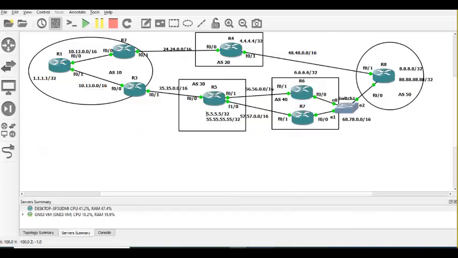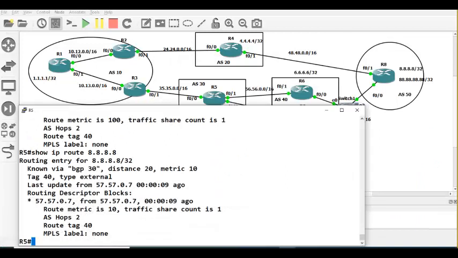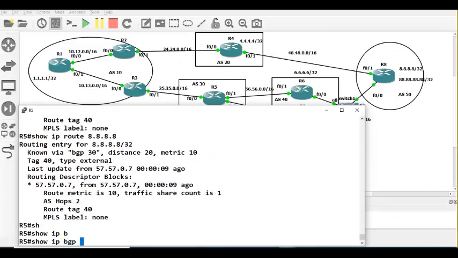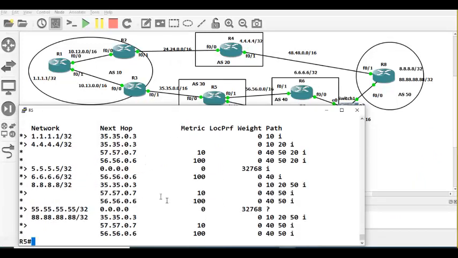Let me go and show you what I want to show on router 5. Show ip bgp. Listen. 44444. Router 5 is learning from router 3. See dot 3, dot 7, dot 6.